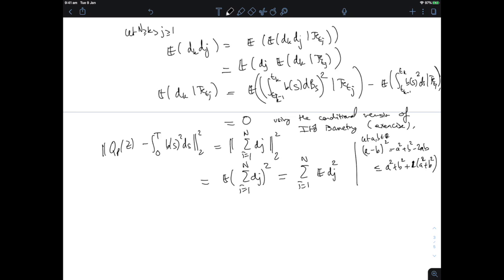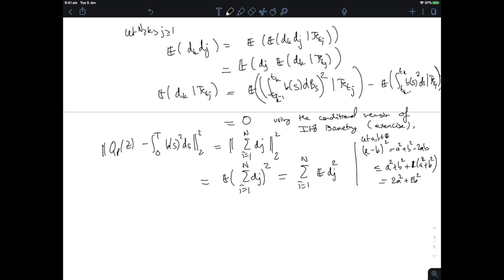That's because a squared plus b squared plus or minus 2ab is a square itself, so it has to be non-negative. So this entire thing is smaller than 2a squared plus 2b squared for sure.